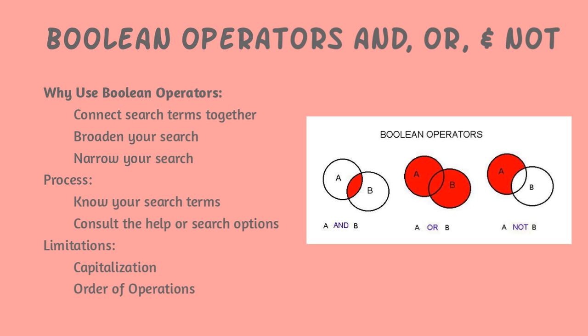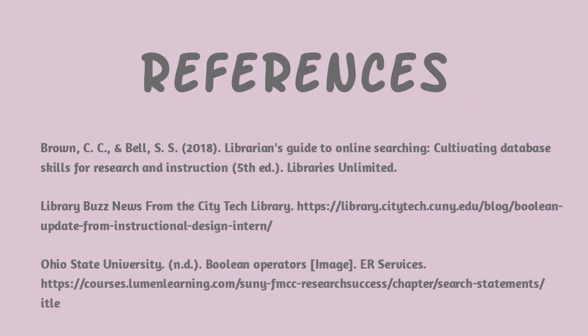Then the information outside of the parentheses is read. For example, searching beaches or oceans and Cape Cod, with the words beaches or oceans in parentheses, will return resources on beaches and Cape Cod, as well as results containing oceans and Cape Cod, but will not return beaches or oceans when Cape Cod is not mentioned.